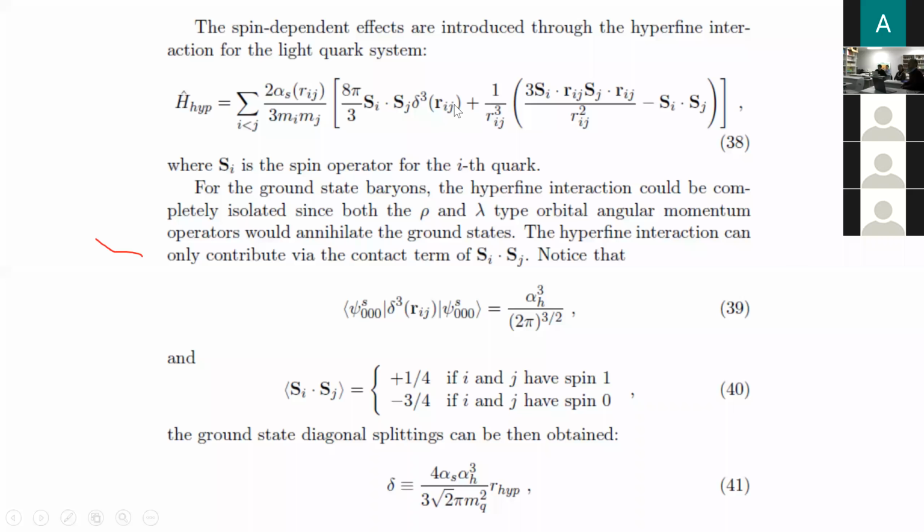And then by diagonalizing this as the eigenstates of the Hamiltonian, then you can have the energy level to determine some of these parameters, like this alpha S will have an energy dependent part in coupling in the expression. Okay, thank you.